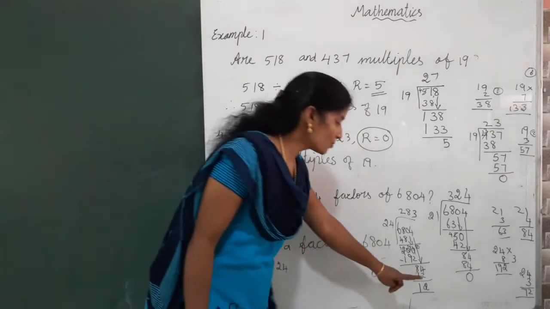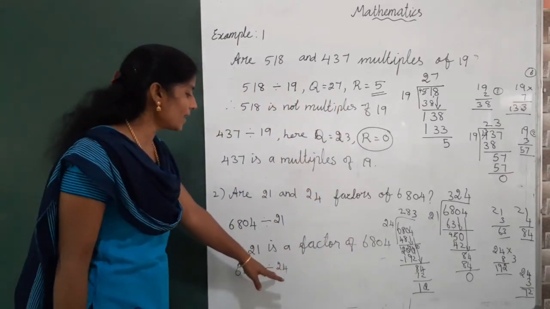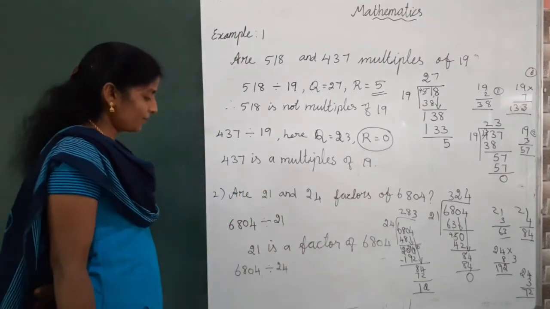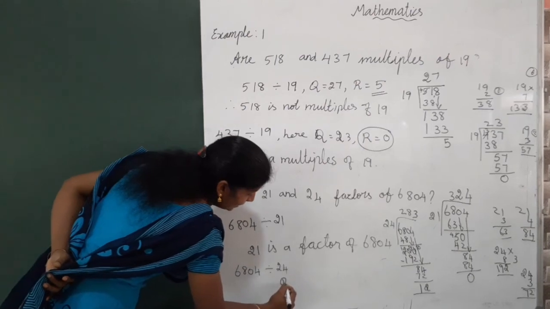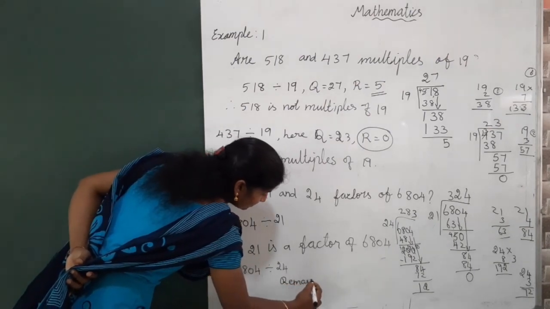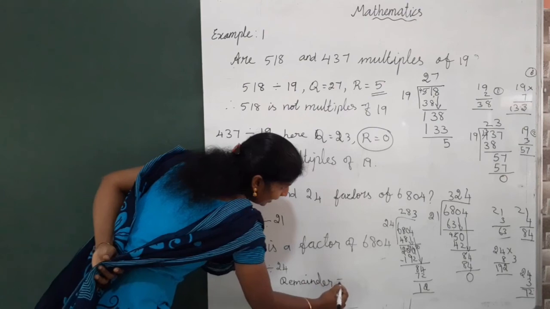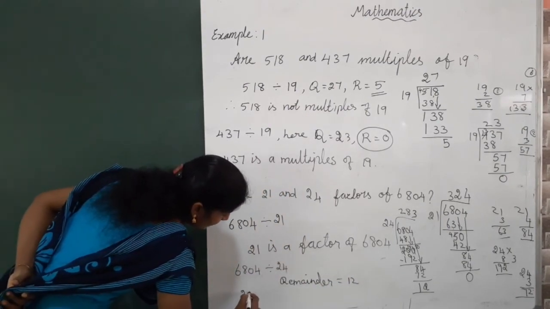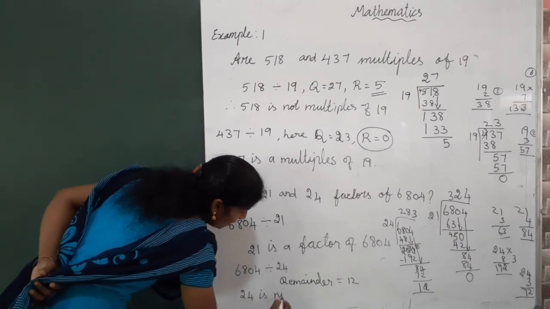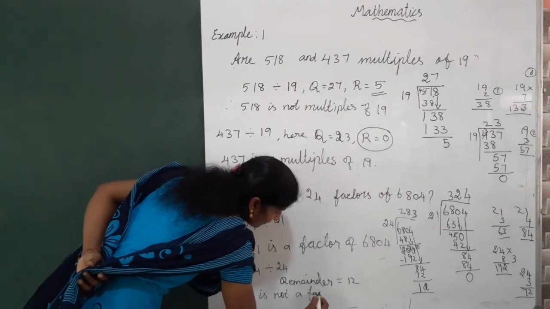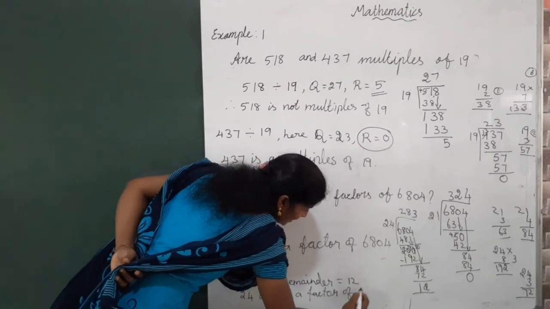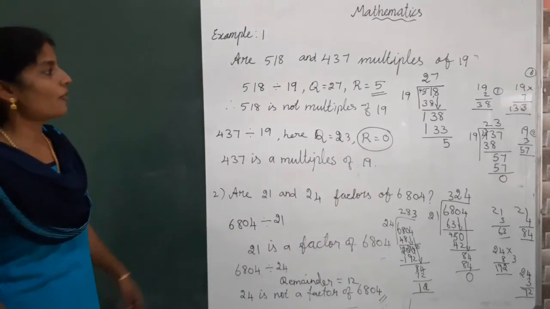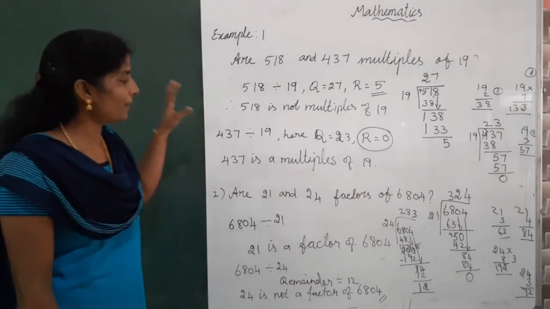That remainder is 12. So this 24 is not a factor of 6804.